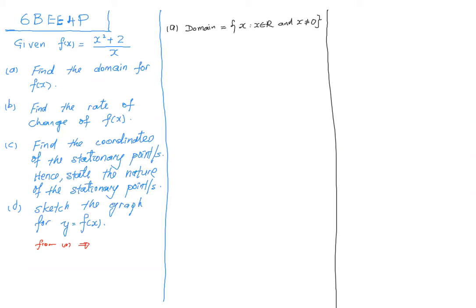Anyone like to try? Ziqi. So when we read a question, we have to read the question as a whole first. So now, straight away, when the question asks you to sketch the graph, from the domain itself, what can you say about the graph? Ziqi?